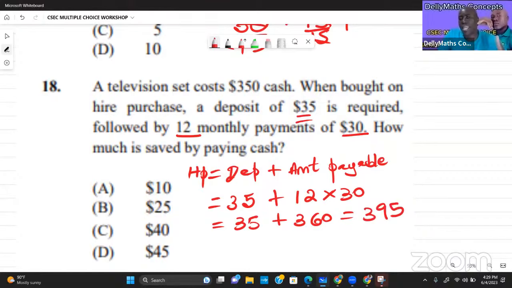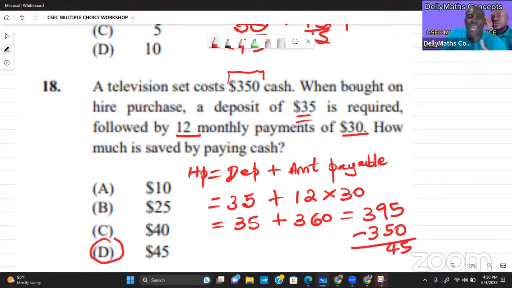Now, the question is asking the difference, how much is saved if I pay cash? If I bought it for cash, I'll pay $350. So now I take my $350 out of that hire purchase, and I'm looking at $45. So I would have saved $45 if I had bought it cash.